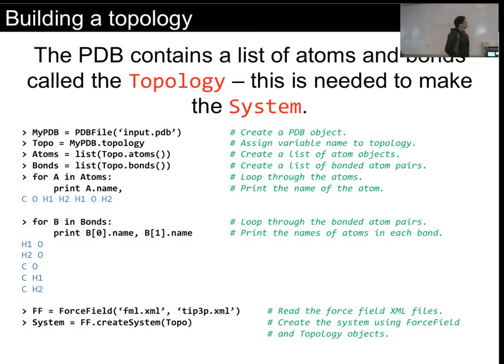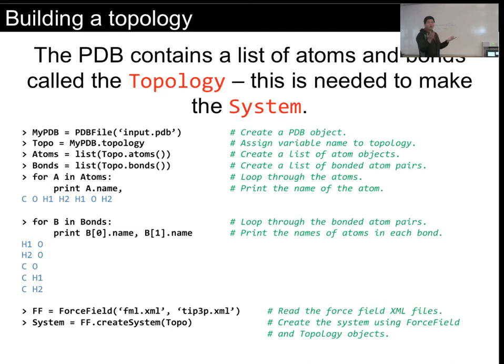Okay, so here I've given you a bunch of commands. You don't actually need to type this in. It's just to give you an idea of what you could type in if you wanted to learn about the names of your atoms and bonds in your system after you've loaded the PDB. So you see, after I've loaded the PDB file on the first line, the PDB object contains a topology object. That's the second line.